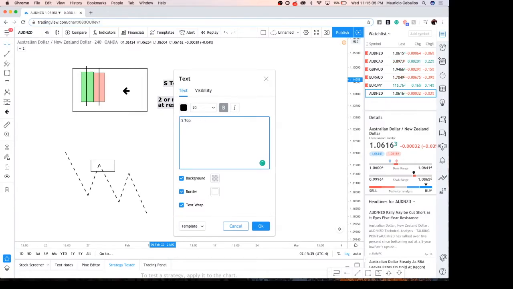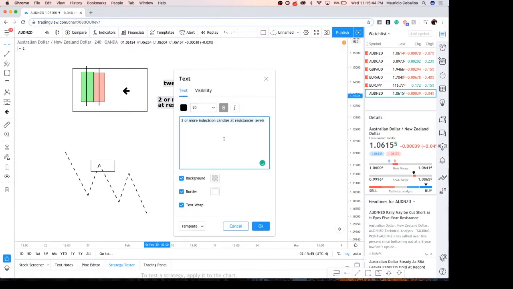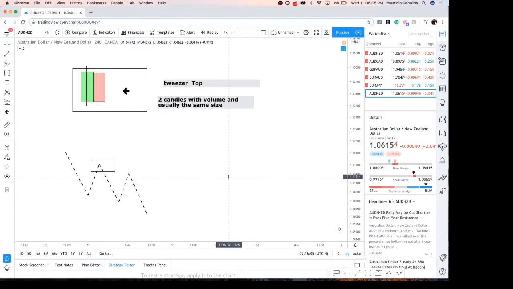In this case, tweezer tops are identified by two candles, and these two candles have volume, okay? So it's only going to be two candles. They have volume, and they're usually the same size, with the same volume. And where are these located? These are located at resistance levels, okay?